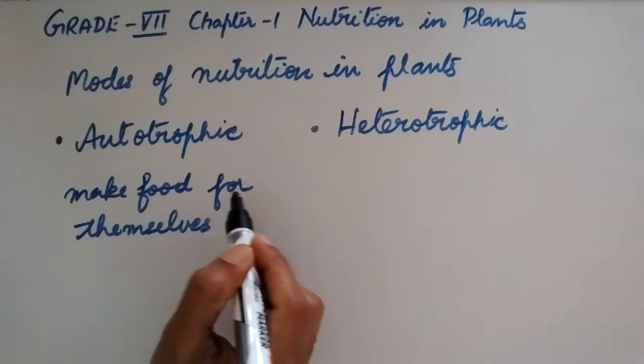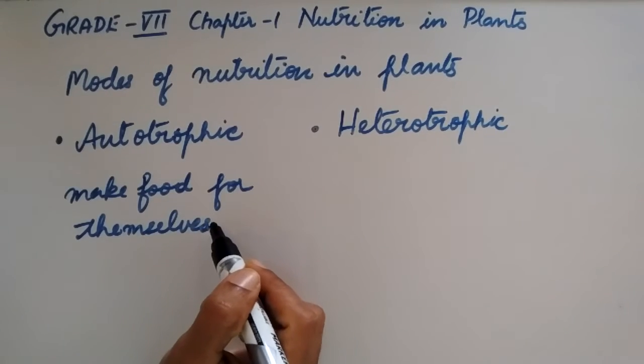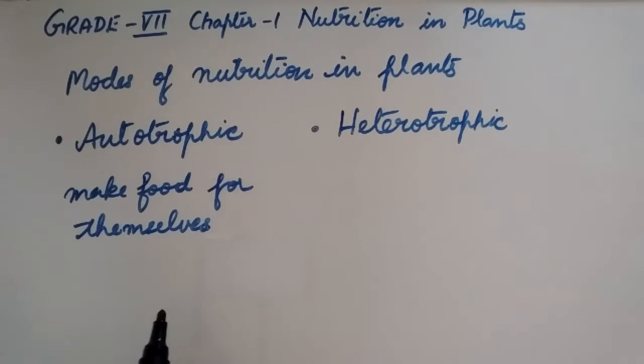They make food for themselves by using simple substances, and those substances are carbon dioxide, water and minerals. It is commonly found in green plants.